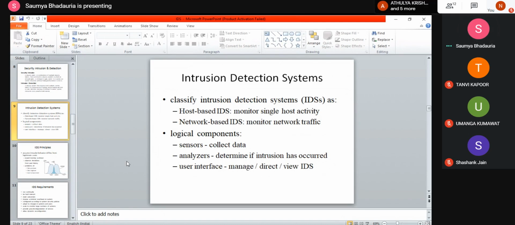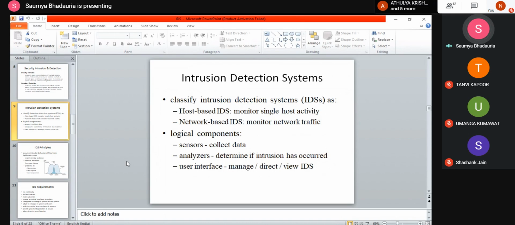The analyzer is responsible for determining if any intrusion has occurred, and the output of this component is an indication of whether the intrusion has occurred. Clear? The third component is obviously a user interface.